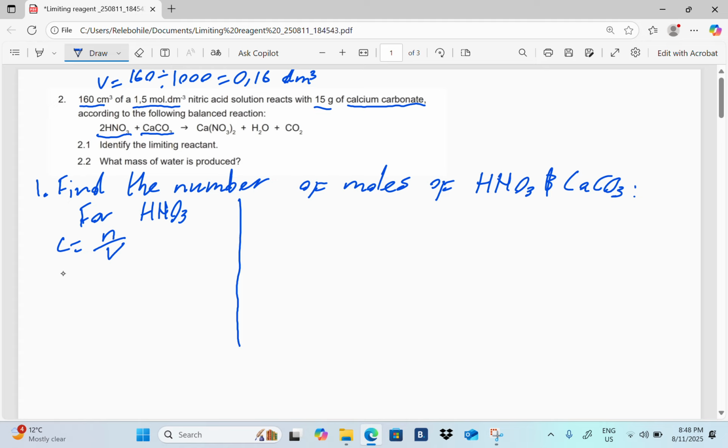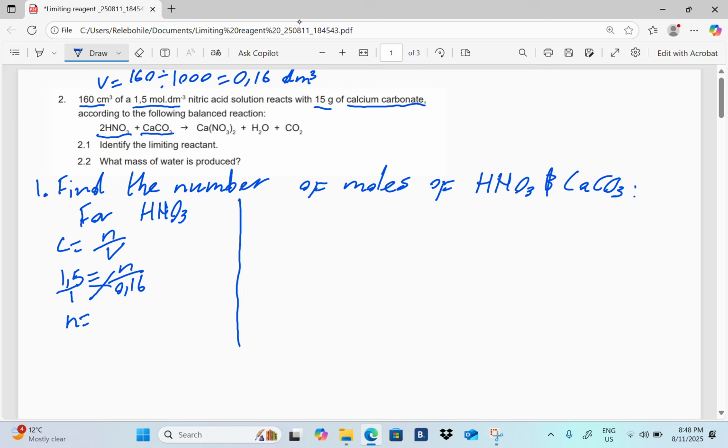My concentration is 1,5, which is equal to the number of moles, which I do not know, over my volume, which is the one I just converted, 0,16. Then I'll do a cross multiplication, so n times 1 gives n is equal to 1,5 times 0,16.